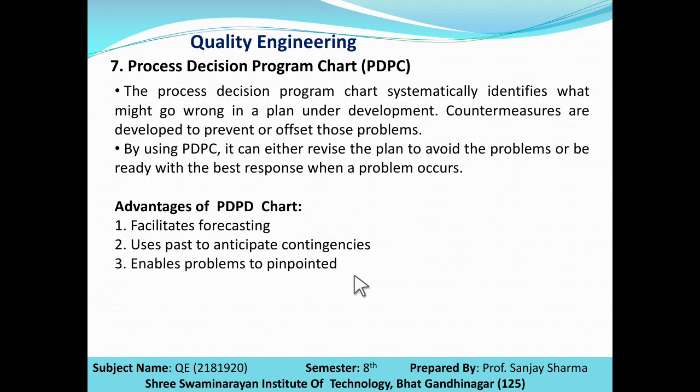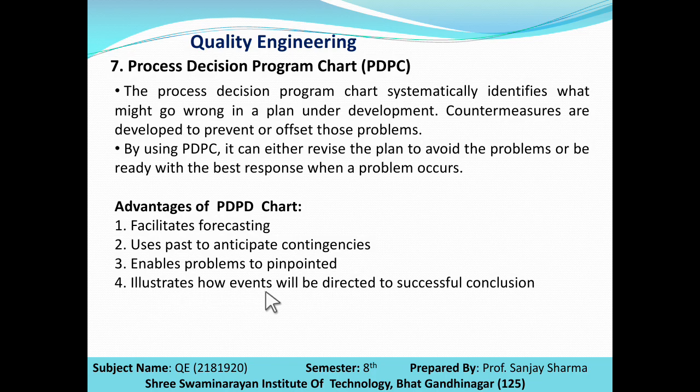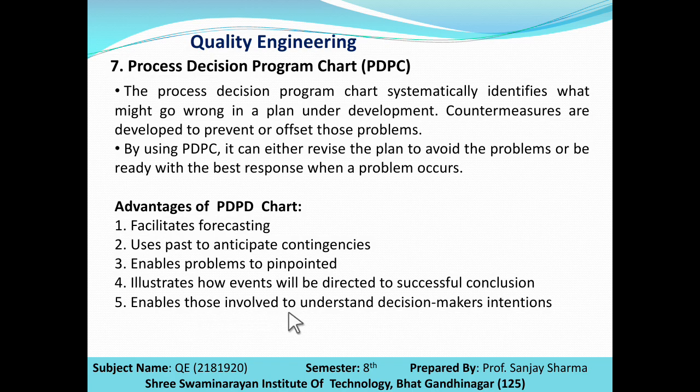It finds out the problems or enables us to pinpoint the problems. Illustrates how events will be directed to a successful conclusion. Enables those involved to understand the decision makers' intention. It also helps to understand the decision makers' intention.